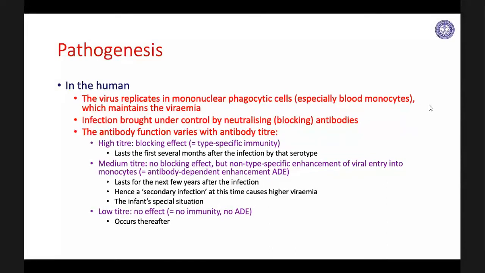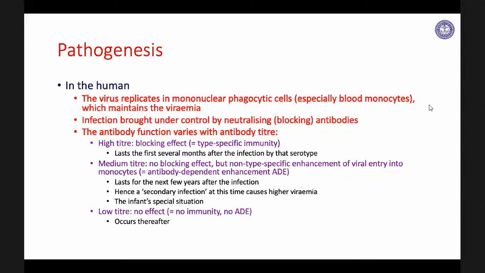Now, after a few years, the titer falls further, giving rise to a lower titer, and thereafter there is no effect. There is no immunity as well as no antibody-dependent enhancement. So it occurs several years after infection. Now you can understand our problem. We are living in an area which is endemic for dengue, so we always get infected by dengue every year, basically.